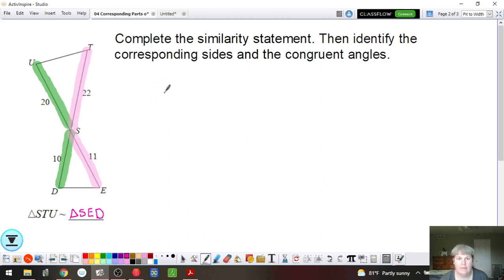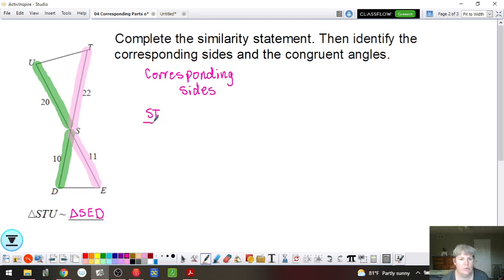Now let's identify the corresponding sides. Corresponding sides are going to be the sides that are proportional to each other. So we have ST, and I'm going to write this as a proportionality statement.